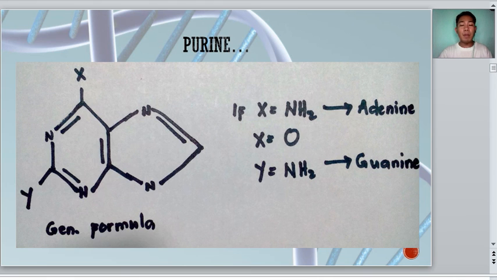For pyrimidine, we use the term PYCUT, P-Y-C-U-T. That means pyrimidine, cytosine, uracil, and thymine. Again, remember PYCUT and PUAG. PYCUT, pyrimidine, cytosine, uracil, thymine. PUAG, purine, adenine, and guanine.